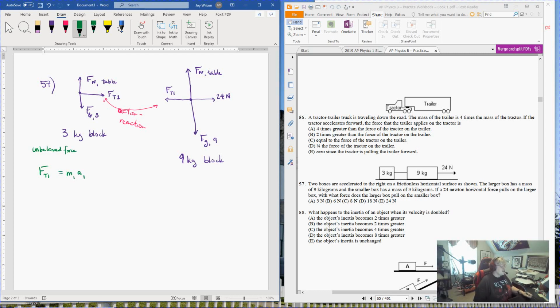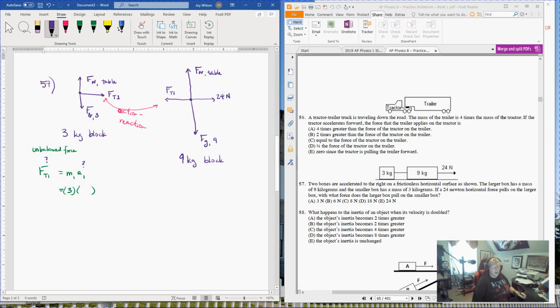I could fill in the 3 here, but here's the problem. I don't know this acceleration. So I've got a question mark here and a question mark here, and I'm going to have to resort to doing something else.